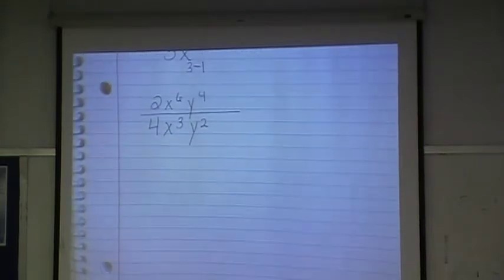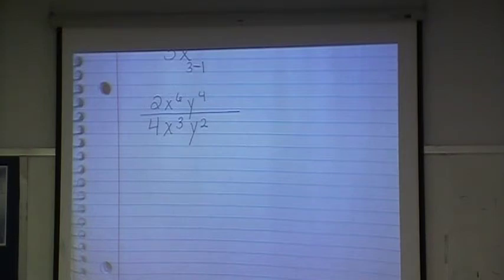Okay, here's our next problem. A little bit different. A little more added on to this. Now, when you're doing these problems, take care of your whole number first. Remember, it's not glued to that exponent and that variable. It's just sitting beside it. 2/4. Will 2/4 reduce?